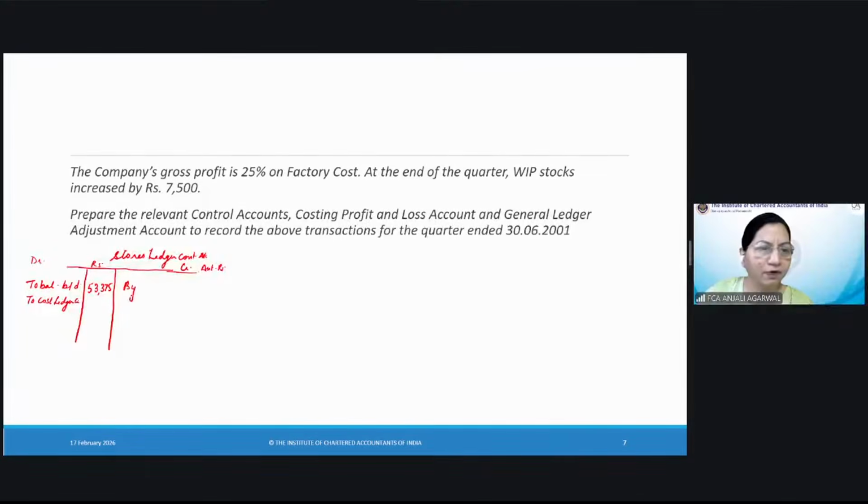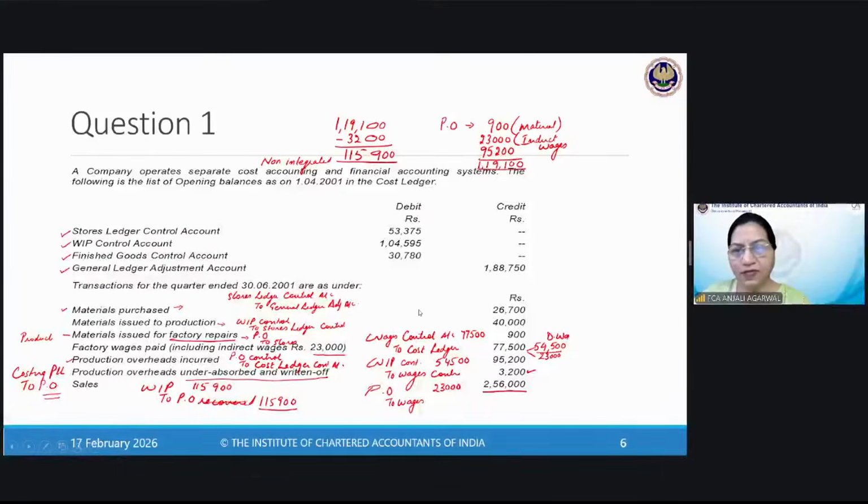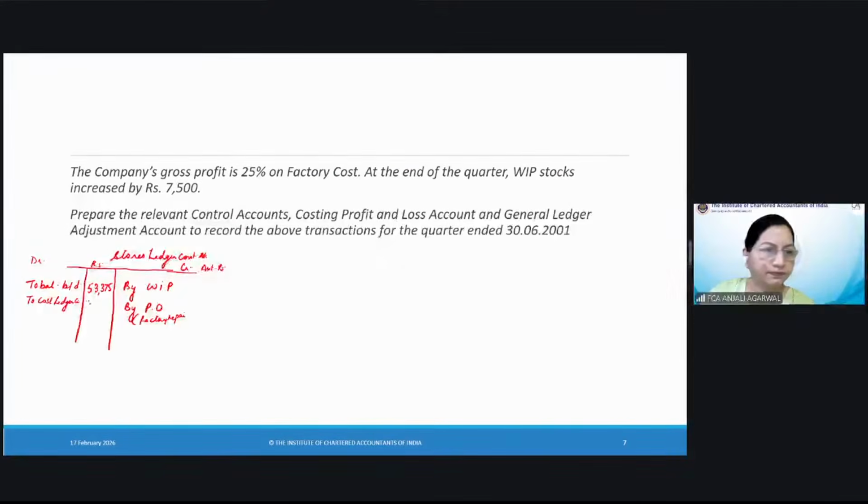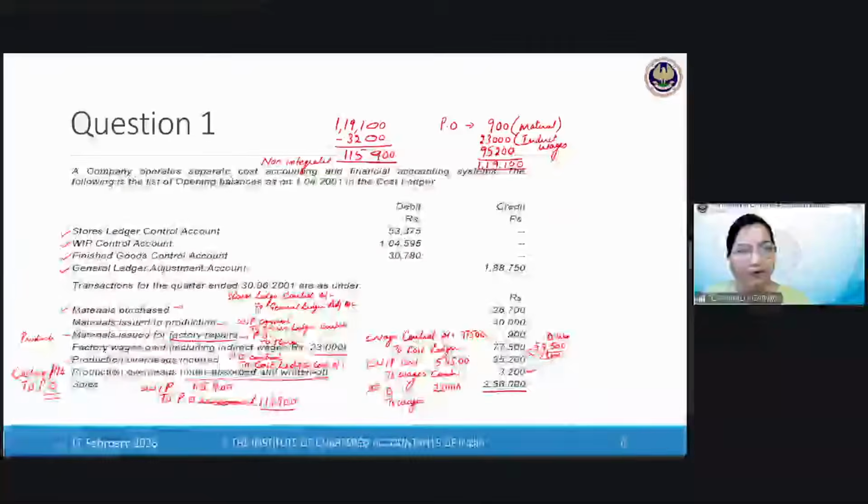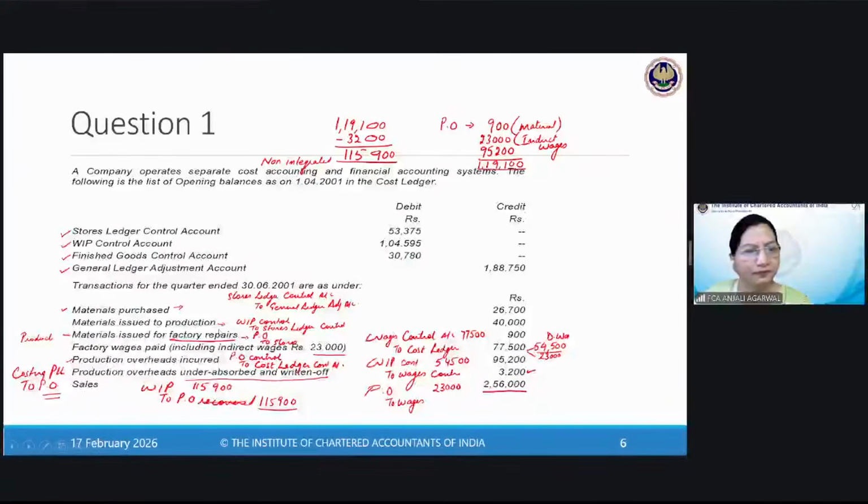Then you have issued some raw material for production. Some raw material was issued as production overheads, factory repairs. So raw material purchased was 26,700 and factory repairs was 900. Issued to production was 40,000.